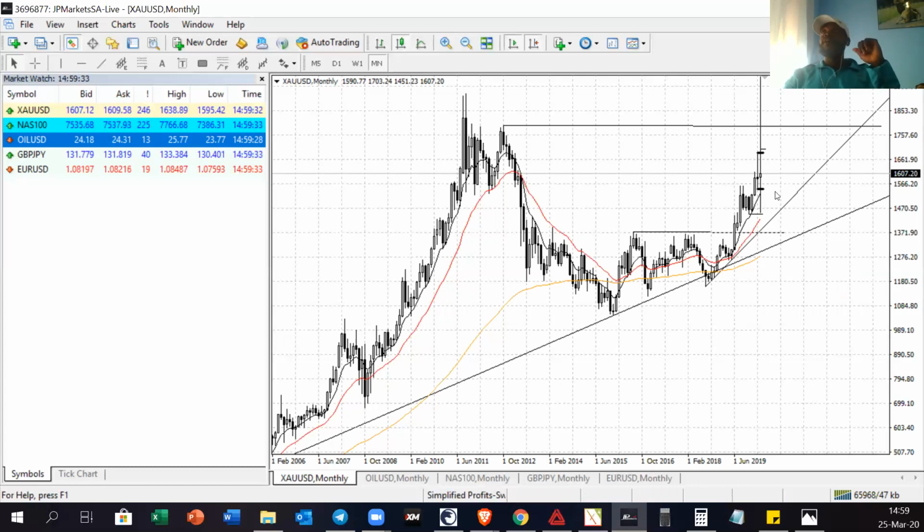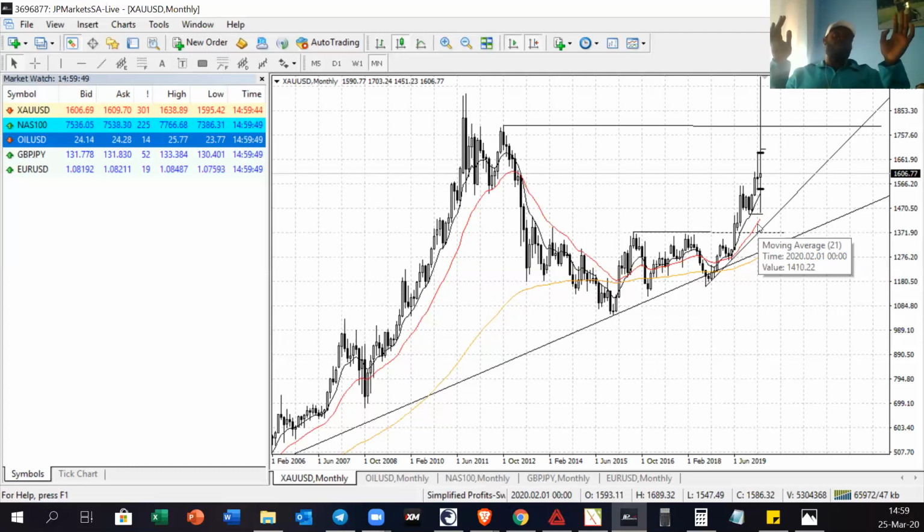Okay, cool. Price is still trading at 1,607, and the 21 moving average is trading at 1,410. So what this tells me is that price is bullish based on the last 21 months. So we can say just under 2 years, this market has been bullish.